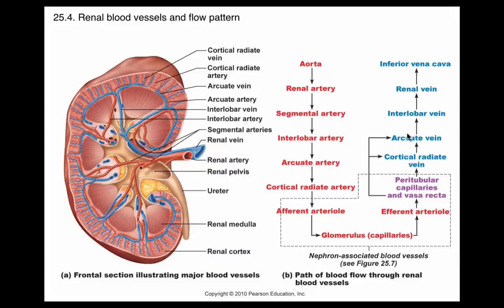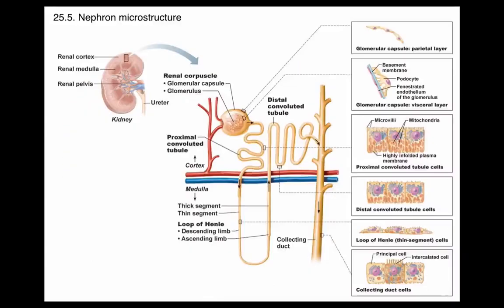And those will go to one place or another. Either to the cortical radiate vein or to the arcuate vein, and then work their way back through the columns of the interlobar veins, then eventually to the renal vein to the inferior vena cava.